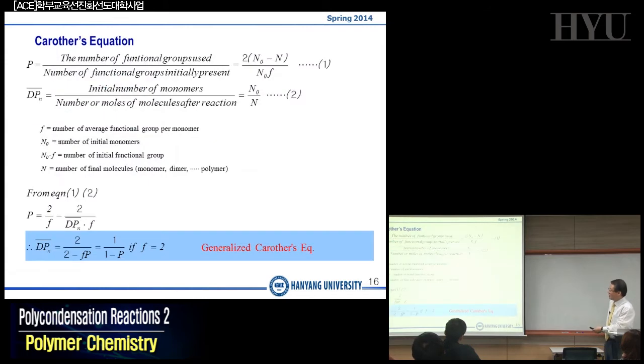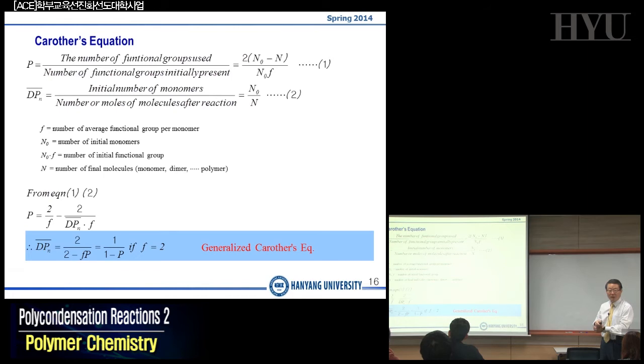That's the essential summary of what we have done, and I just wanted to come up with the generalized Carothers equation down in the bottom here. In conclusion, DPn is equal to 2 divided by 2 minus fP. If f is equal to 2, then you come up with just the Carothers equation that we have just defined.